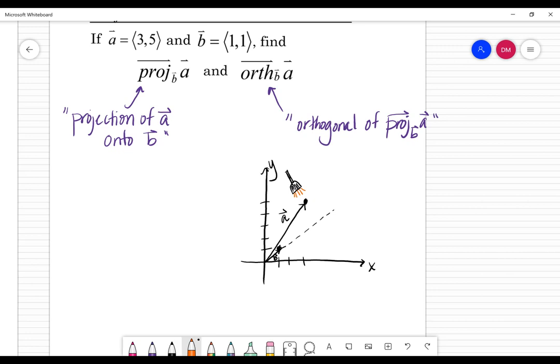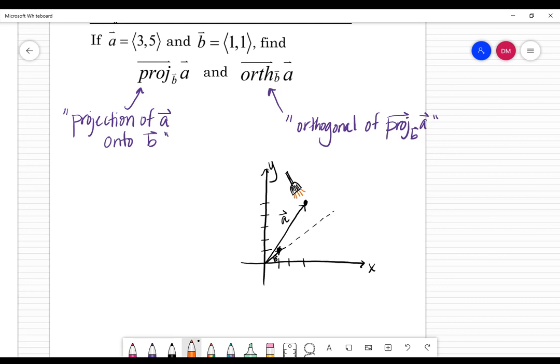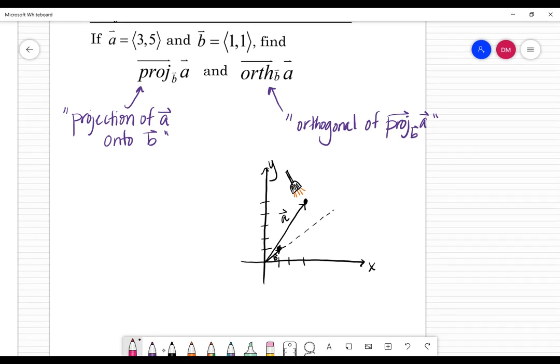So I'm projecting a light directly down towards that floor of B, okay? My projection will be a new vector that creates that perfect shadow of A onto B. So that's the idea. It's like creating a shadow if this is my light, okay?